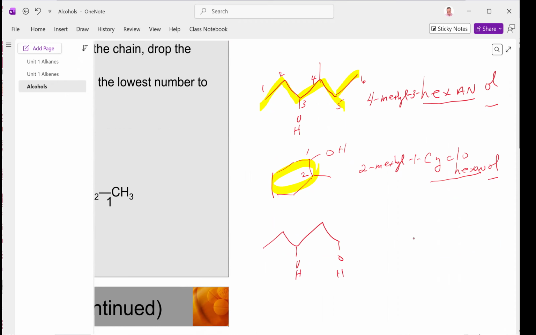Okay, so we have multiple ways to do this. So this is going to be a diol, di meaning two. So it's going to be 1, 2, 3, 4, 5. So it's a penta.